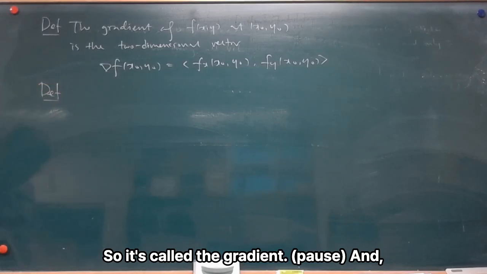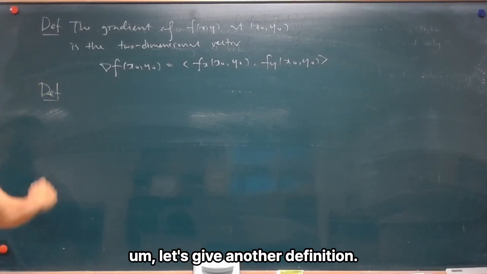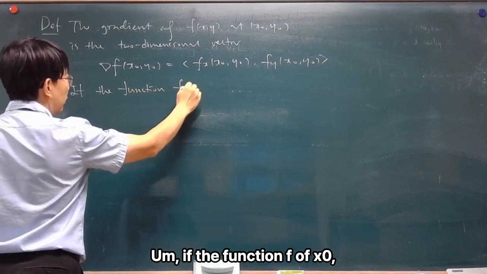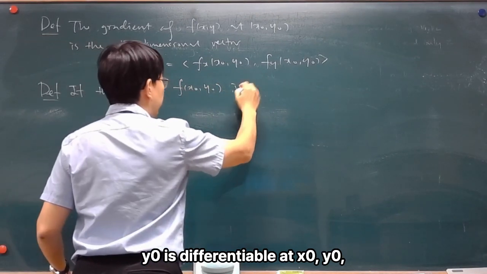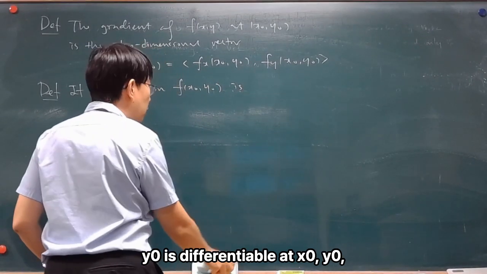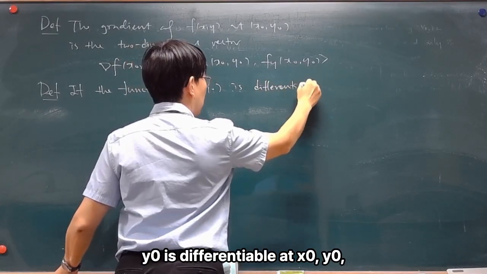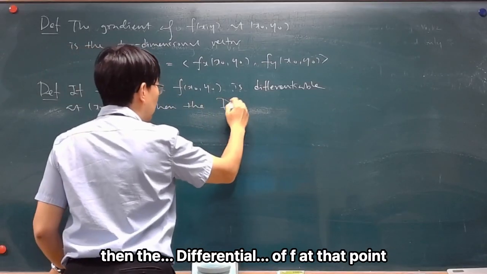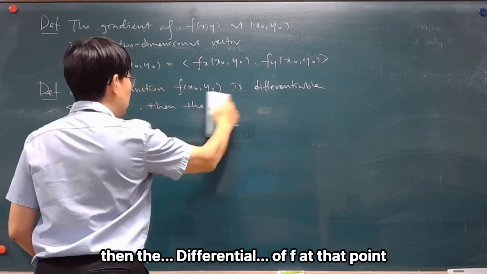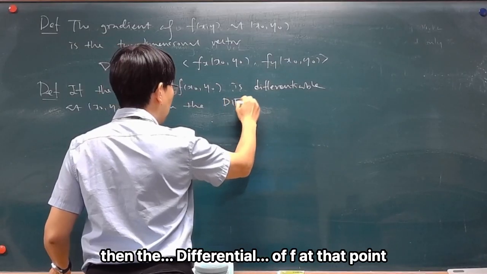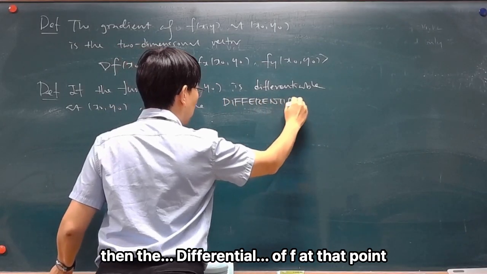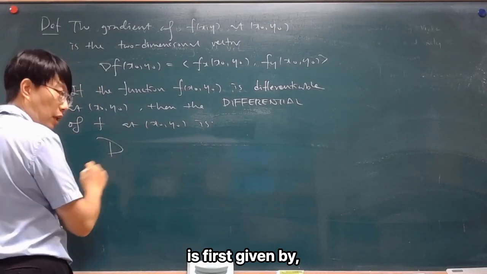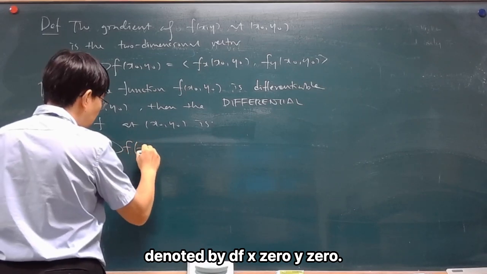And let's give another definition. If the function f is differentiable at x0, y0, then the differential of f at that point is denoted by df at x0, y0.